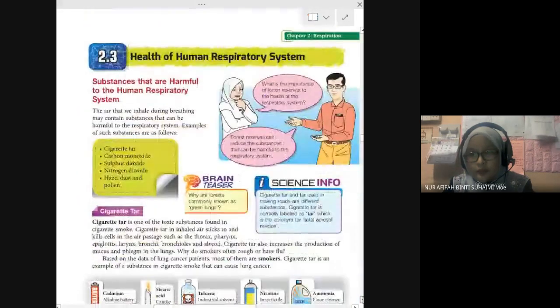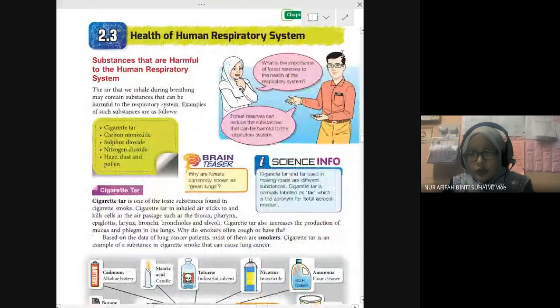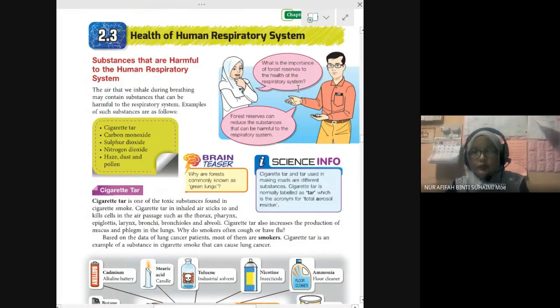Now we go to 2.3, health of the human respiratory system. Kesihatan sistem respirasi manusia, sistem pernafasan manusia. In this unit, you need to identify some of the harmful substances to the human respiratory system.